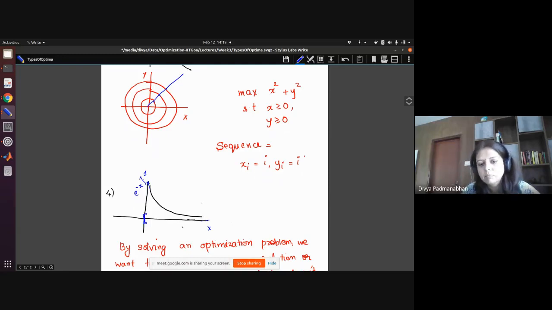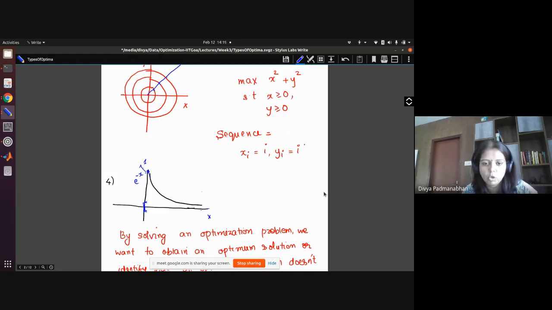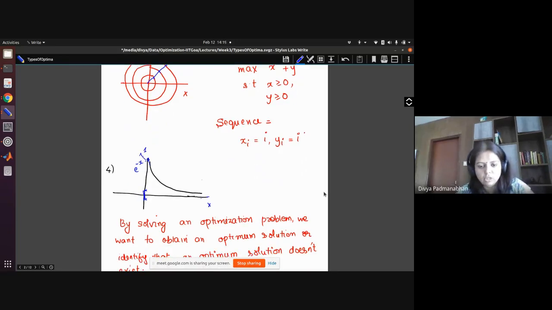Now, this thing about minimum not existing can happen in different ways. So it could happen even when the set is bounded. It could happen when the function is unbounded. I mean, there are different scenarios it can happen in. Okay, so it's always good to get a sense of what you're trying to solve before you actually solve it.